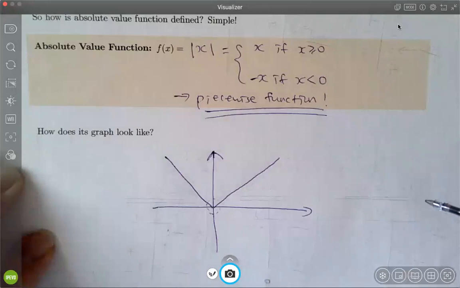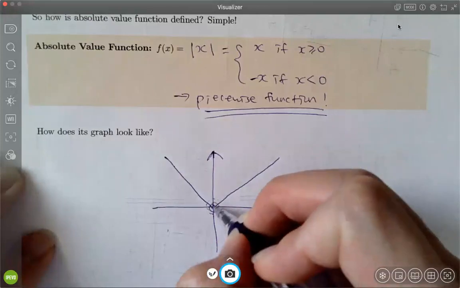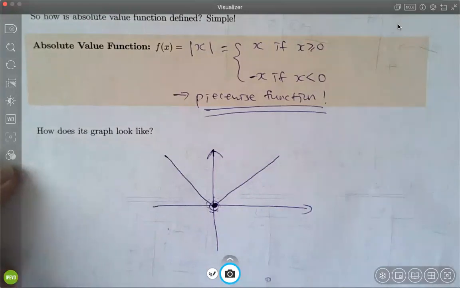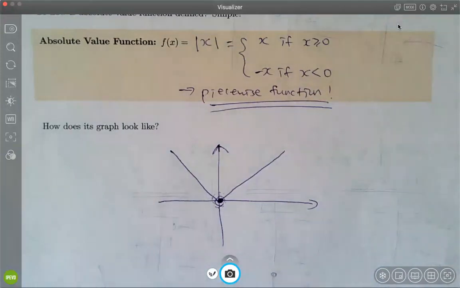Actually there is an open and a closed dot here at the origin, but when both points meet, the closed dot wins, so we have just this regular V-shaped graph. Okay, so I'm just trying to give you an example that the absolute value function is a piecewise function. Okay, so that's it for 2.6. Any questions from this?